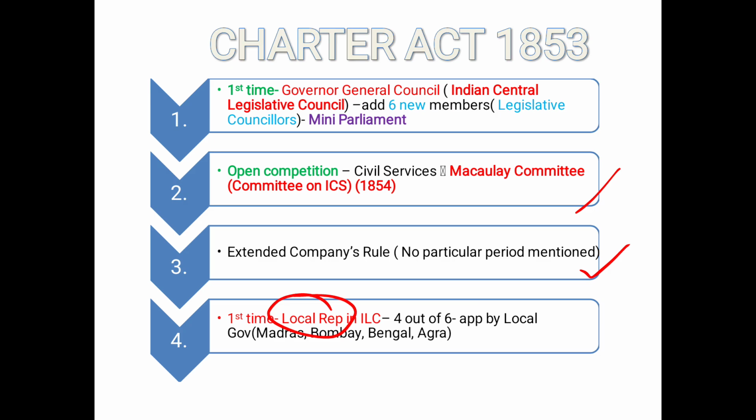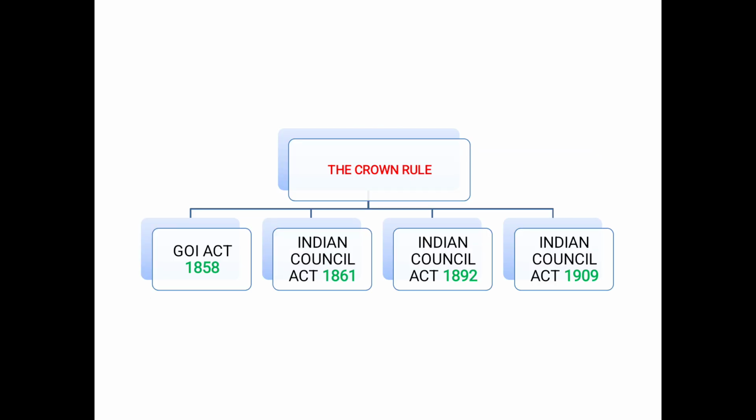Four out of six members of the Governor General's Council were appointed by the local governments. The local governments were the presidencies, Madras, Bombay, Bengal and Agra.